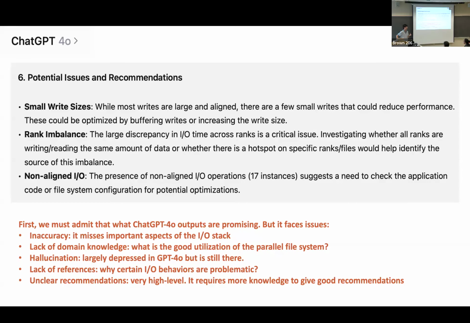But 4o apparently follows the instruction much better. It actually does exactly what you want. It lists all the IO issues. Although whether it came from increased capability of following instructions, doing reasoning, or following human behavior, or because of more training data, that's something I really don't know.